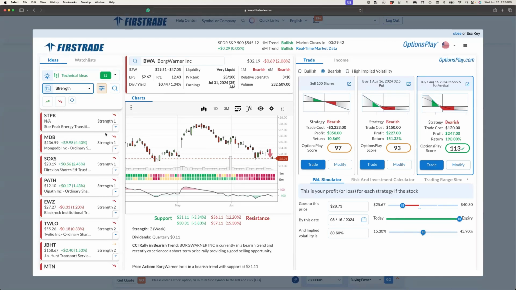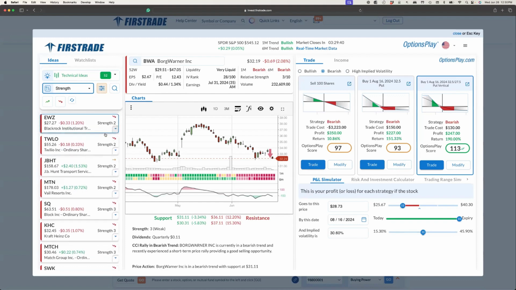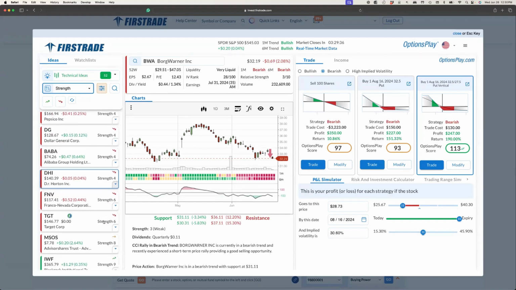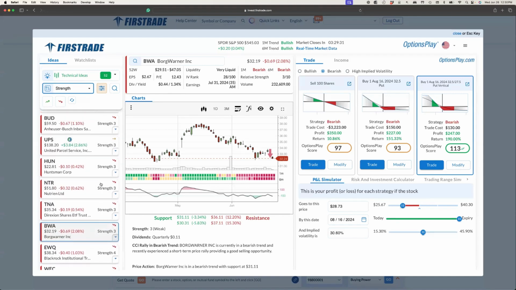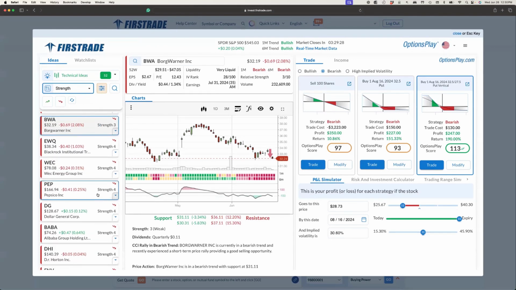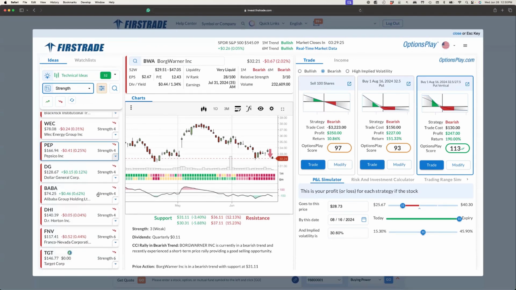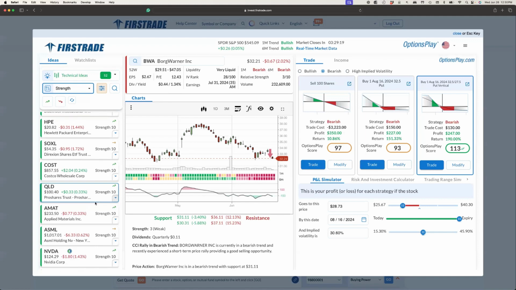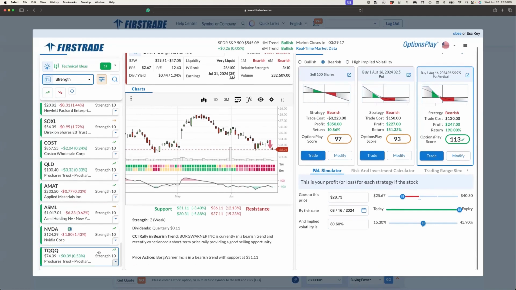What I'm looking for are relatively weak stocks, with strength of probably 5 and under, for bearish opportunities. As you can see, you have a lot of these 2, 3, 4 strength stocks. These are bearish opportunities, and for bullish opportunities I tend to look for stuff that has higher strength, so 8s, 9s, and 10s, and you can see there's a lot of that.